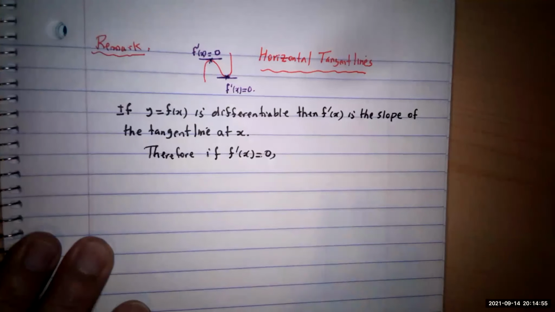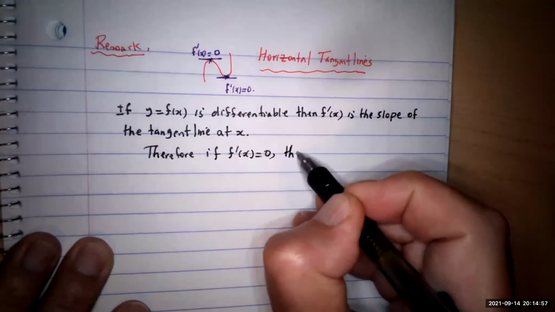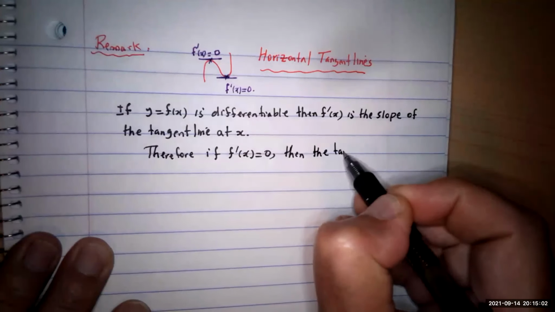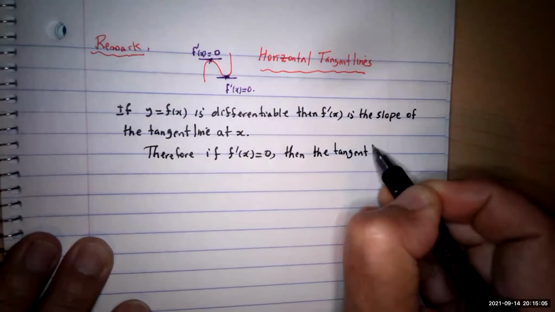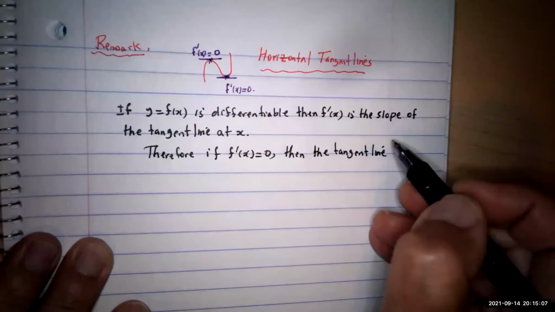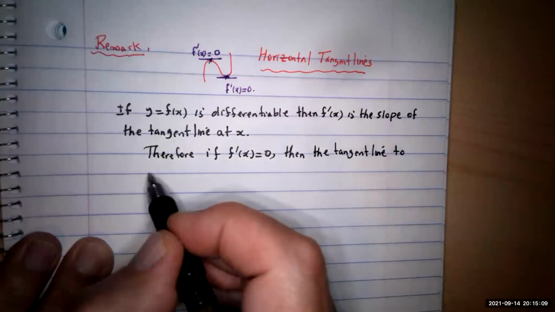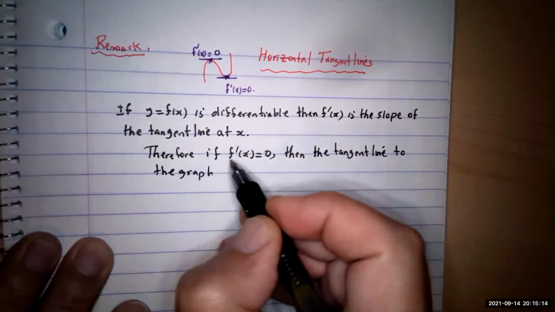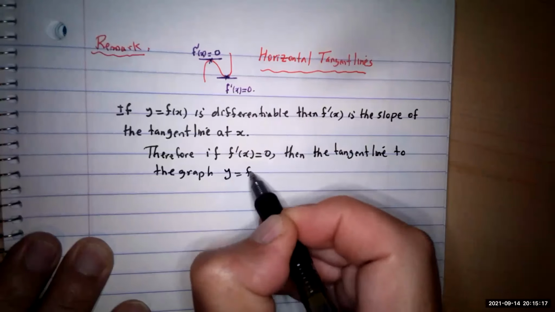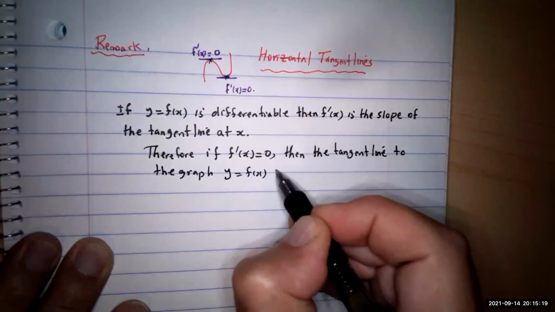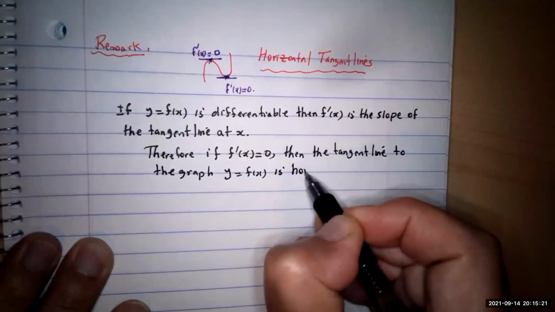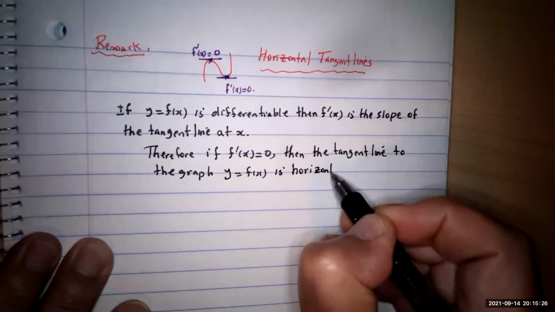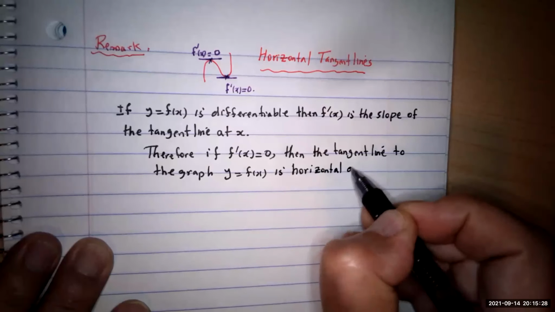If this is the case, then the tangent line to the graph of the function y equal to f of x is going to be horizontal at x.